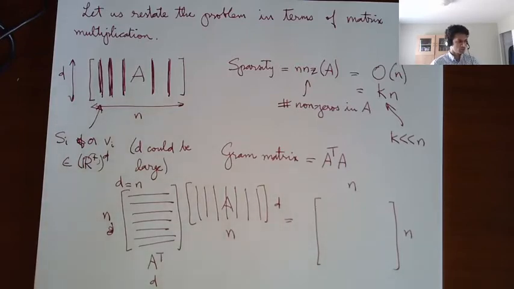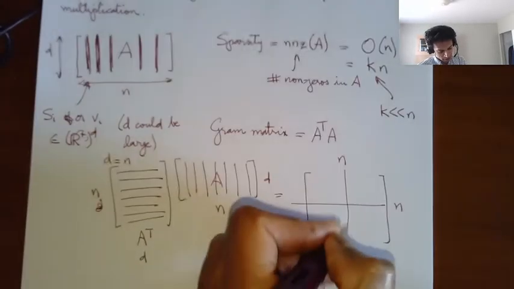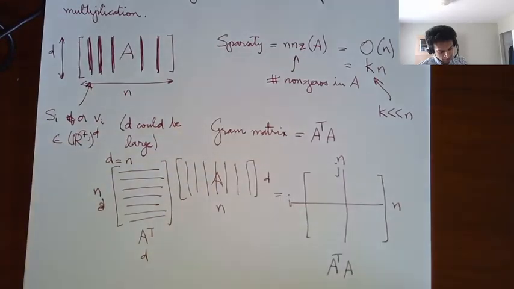Yeah. Okay. So this is the matrix A transpose A. And what you have in A transpose A is the ijth entry. So what is the ijth entry?